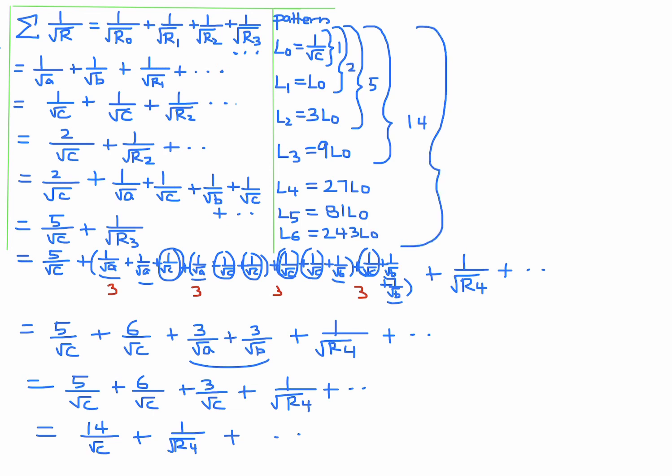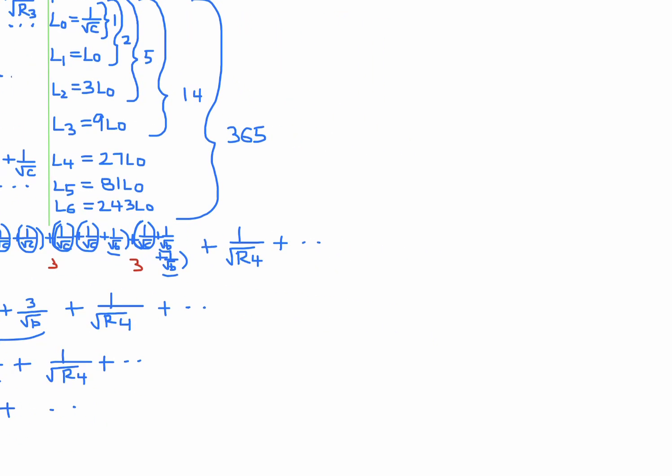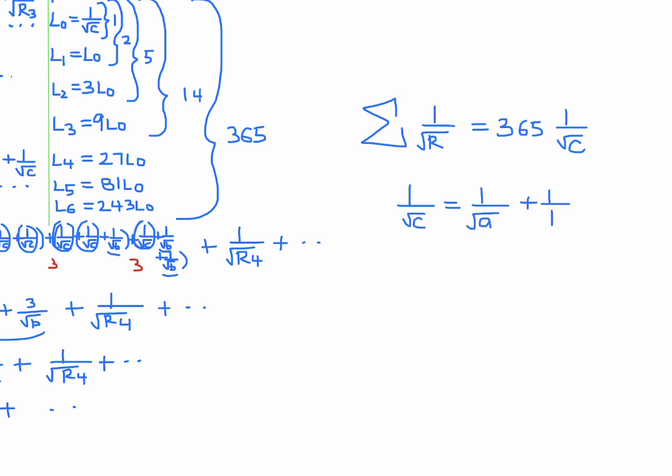So if you were to combine all of these, the 6 layers, let's see, it'll be 14 plus 27 plus 81 plus 243, which is 365. So what that means finally is that that big summation of 1 over r for all circles is 365 times 1 over root C. Okay, now we still haven't figured out 1 over root C. Well, if we remember, 1 over root C was equal to 1 over a plus 1 over b.